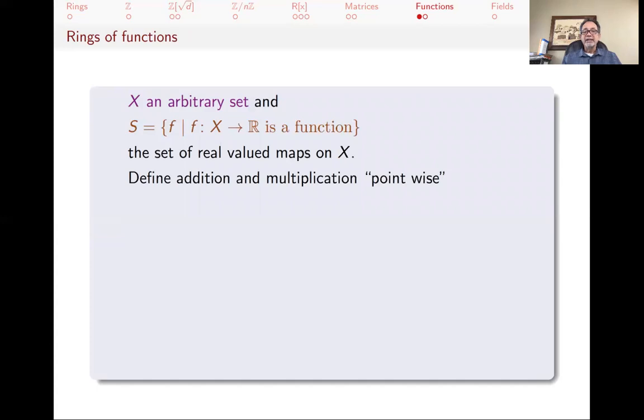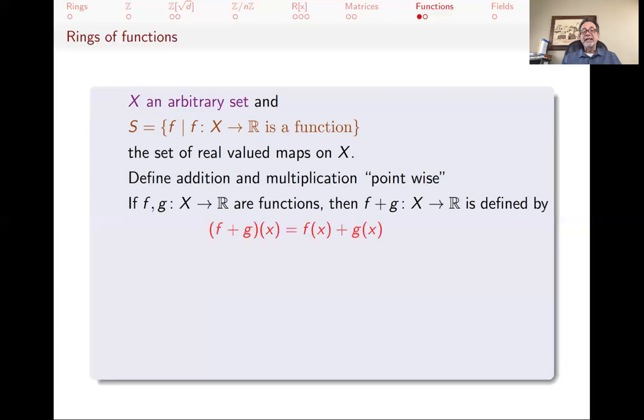So how do I define addition and multiplication? I define them pointwise, and I'll say what I mean by that in a second. If you take two functions from X to the reals, then you add them and you get the function f plus g. But what is the function f plus g? F plus g on x is f of x plus g of x. And how do you define fg?